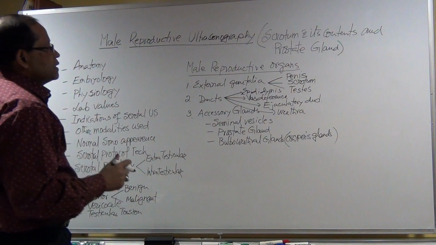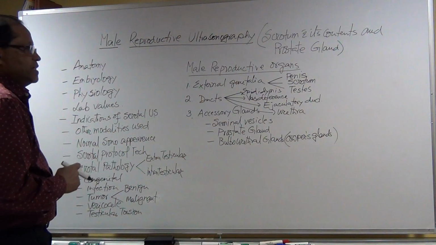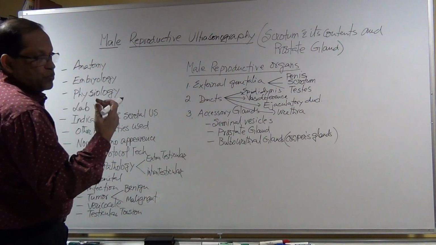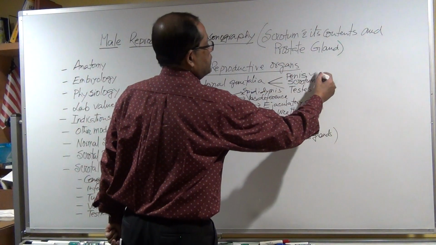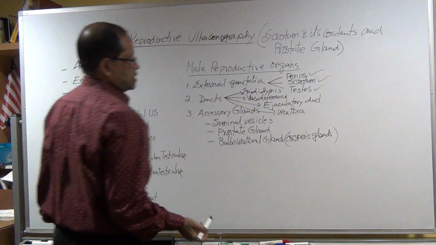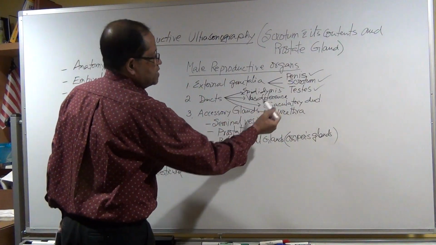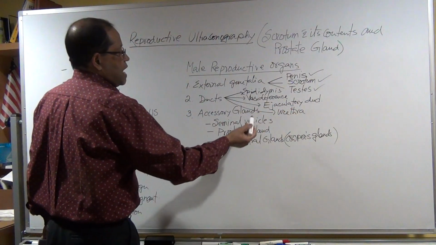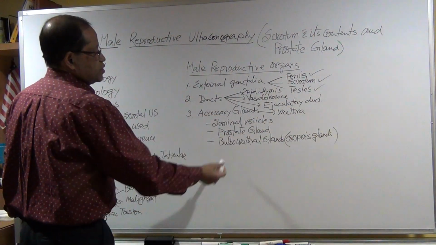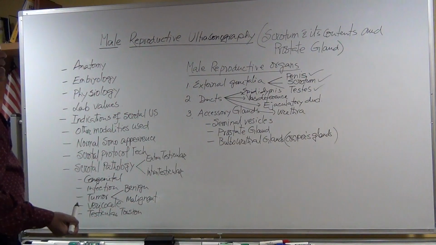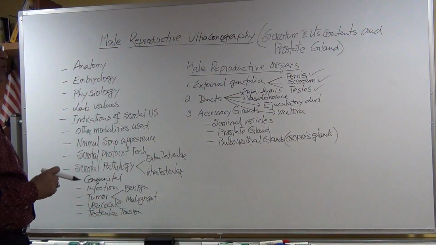So these are the organs we need to know. External genitalia means what we can see externally: the penis, scrotum, and testis. Among the ducts: epididymis, vas deferens, ejaculatory ducts, and urethra. And the accessory glands: the seminal vesicles, prostate gland, and bulbourethral gland. So this is the anatomical component of the male reproductive organs.